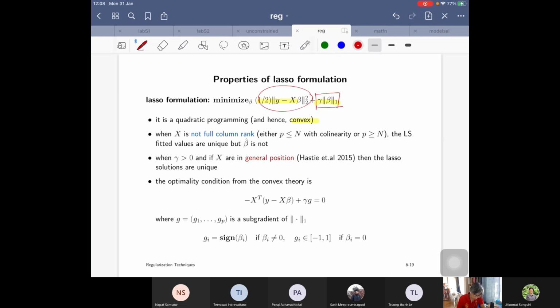When X is not full column rank, remember that the least squares problem has a motivation from solving an overdetermined linear equation. So when the regressor matrix is tall, the condition for the least squares solution to be valid is that X is full rank, and when X is tall, full rank means full column rank.